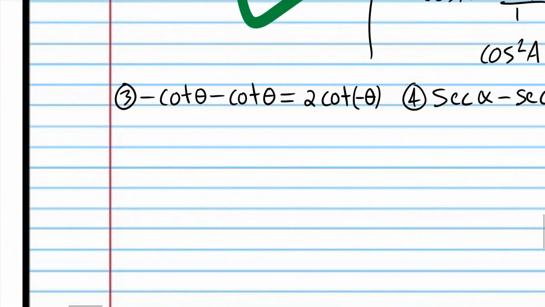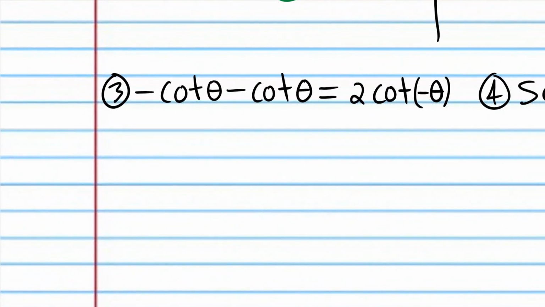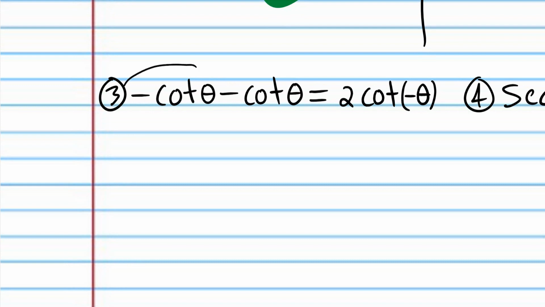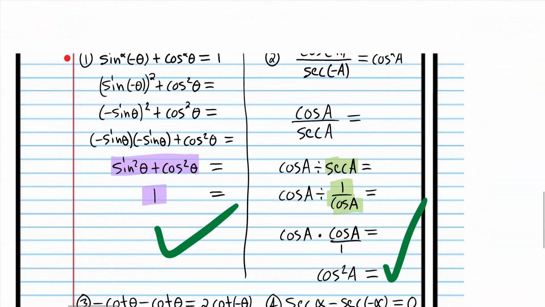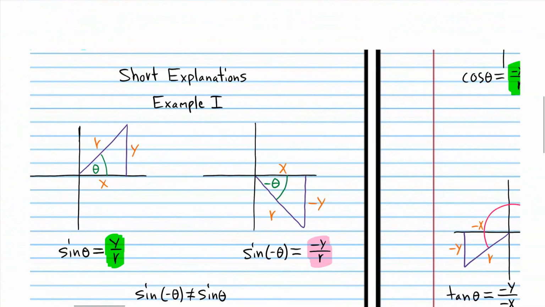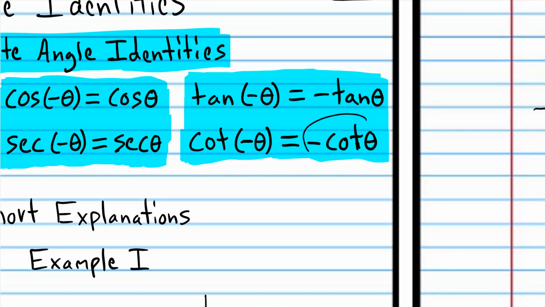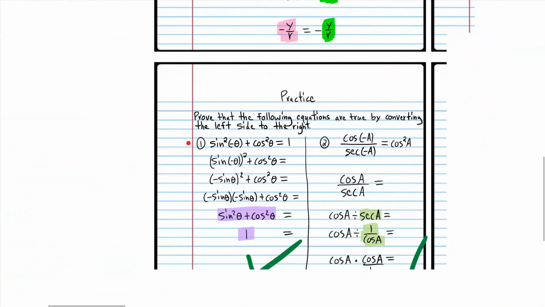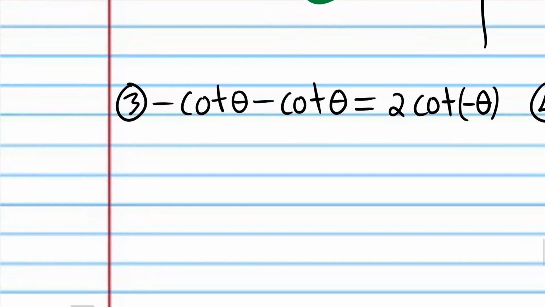Okay, so now we're going to go backwards. We have a negative cotangent theta, which is equal to cotangent negative theta. So let's go check our identities. See, negative cotangent theta is equal to cotangent negative theta. So I'm going to go right to left in this problem. So this here is equal to cotangent negative theta.